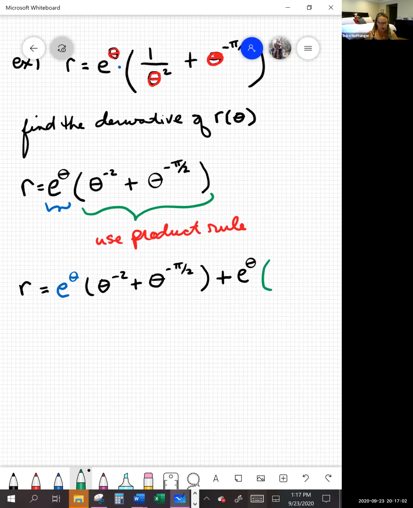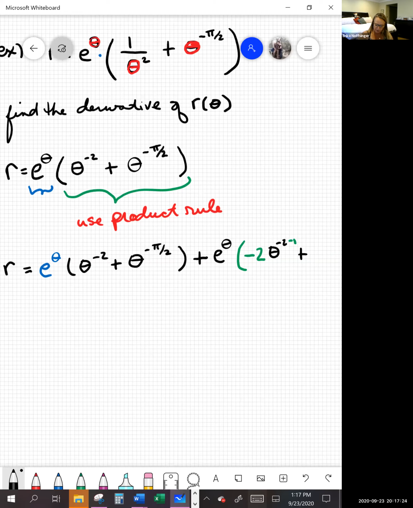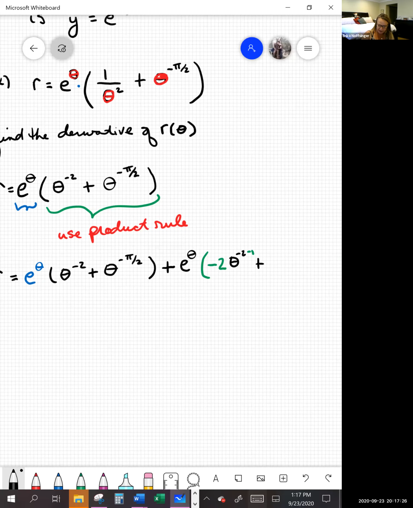So let's bring our power down front. This would be -2 theta, subtract 1 from our power, so -1... Same thing with the next piece, plus the derivative of theta to the negative pi halves power. Bring our power down front, it just looks ugly: negative pi halves theta.